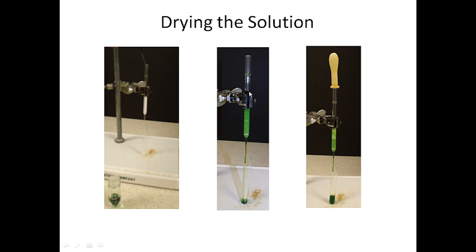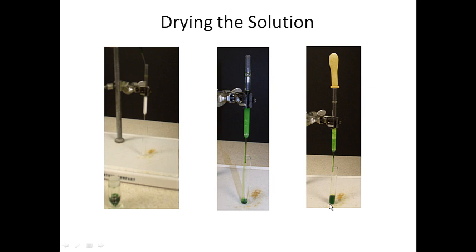As you add it, the solution will drain down and you'll collect it in a small disposable test tube. To get the last little bit of liquid out of this, put a rubber bulb on top of the glass pipette and squeeze it, and you can push the rest of the solution out into the test tube.